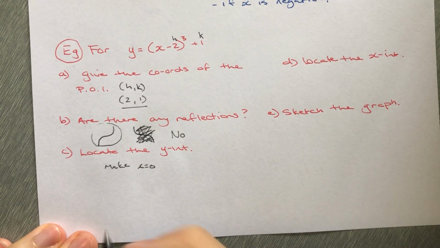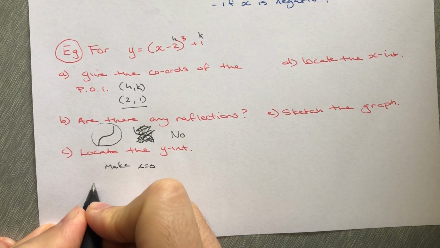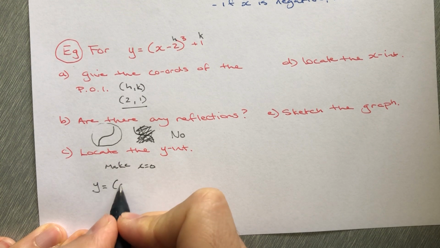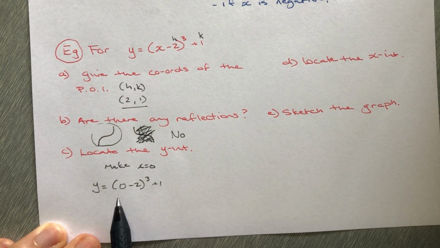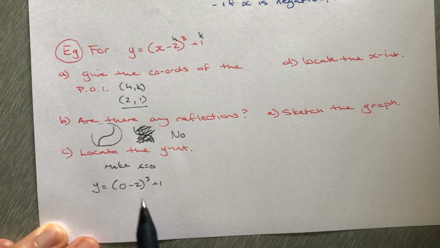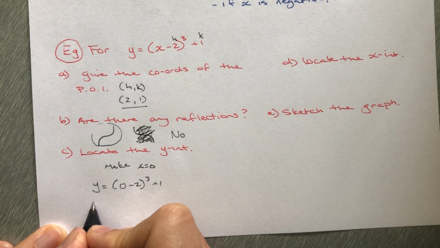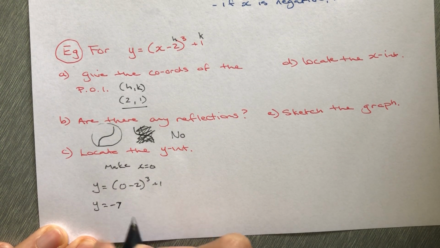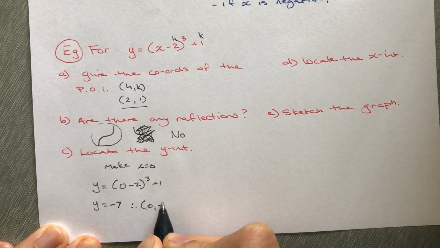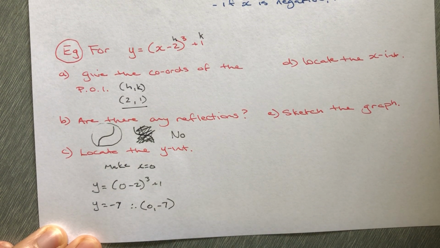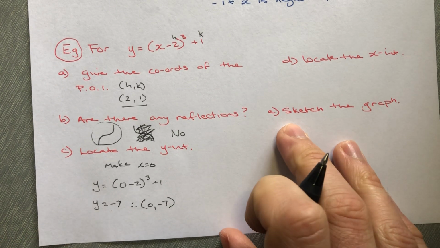Cool, so we made our x equal 0. Let's find out what this number is. That's going to be minus 8 plus 1, so minus 7, which is our y-intercept. If we put it as coordinates, which we should show it as in the graph, that's the coordinate of our y-intercept.